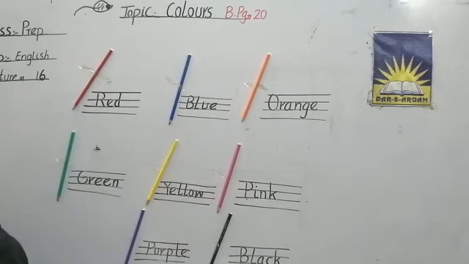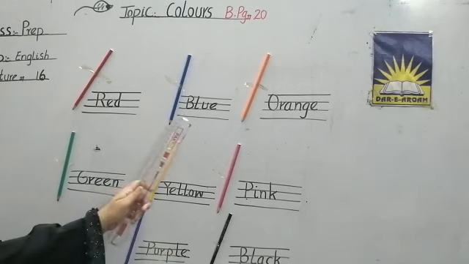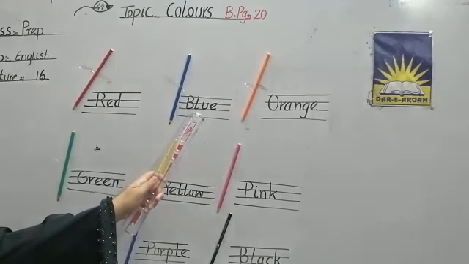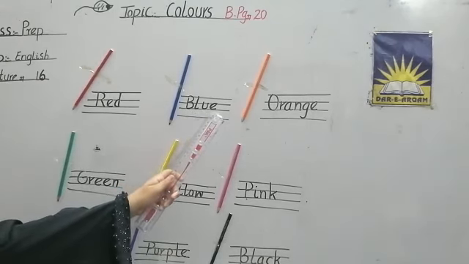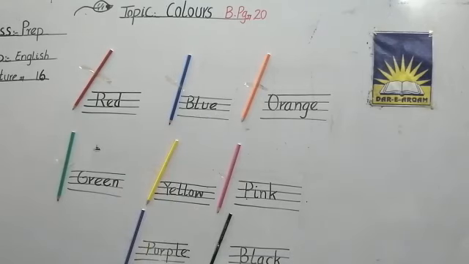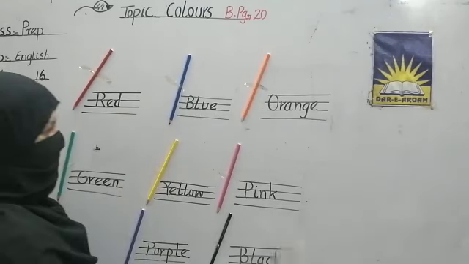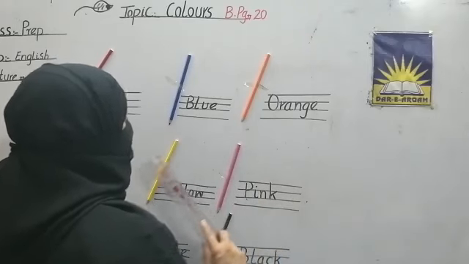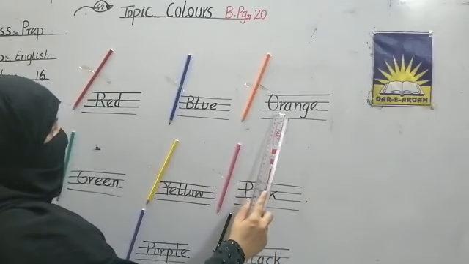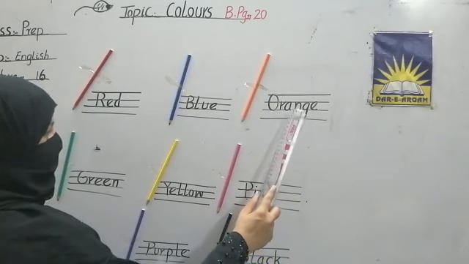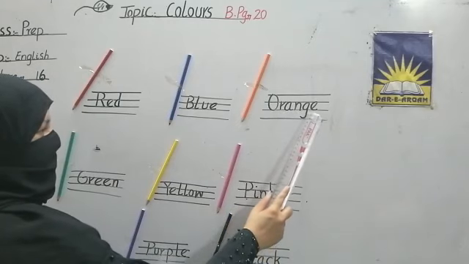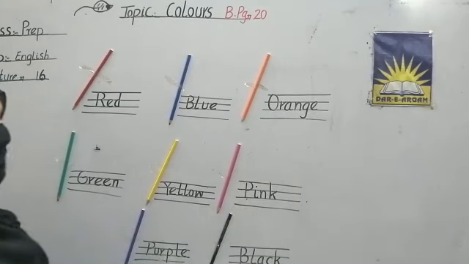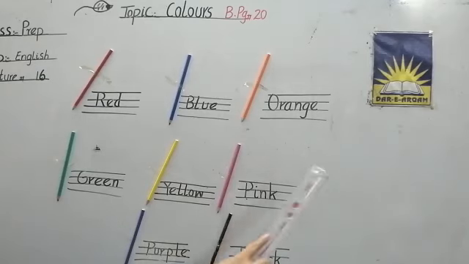What is the spelling of blue? B-L-U-E. Blue. Yes, next, orange. O-R-A-N-G-E. Orange.